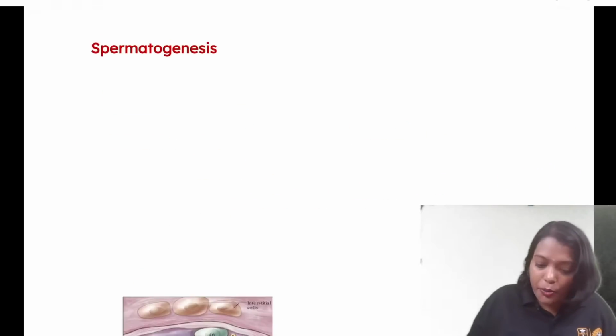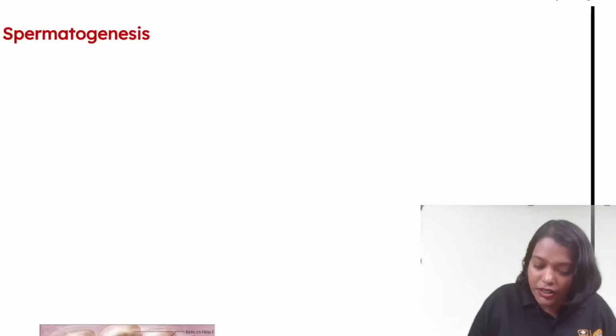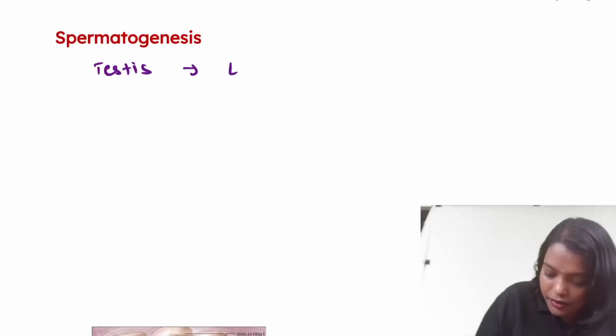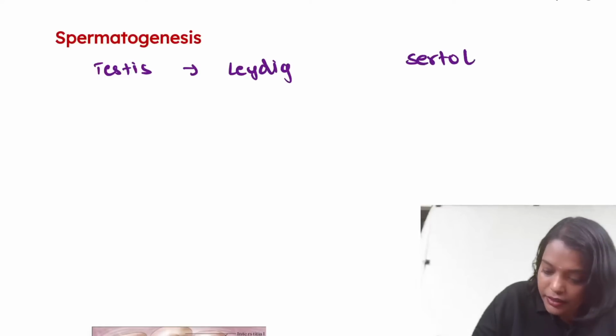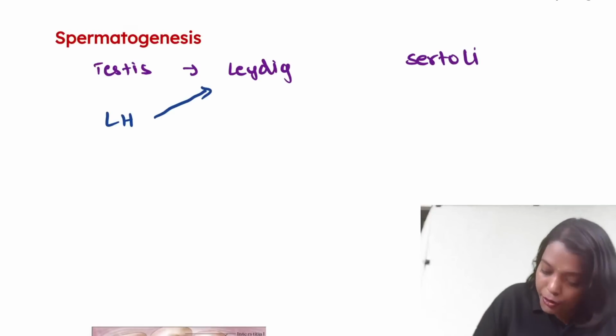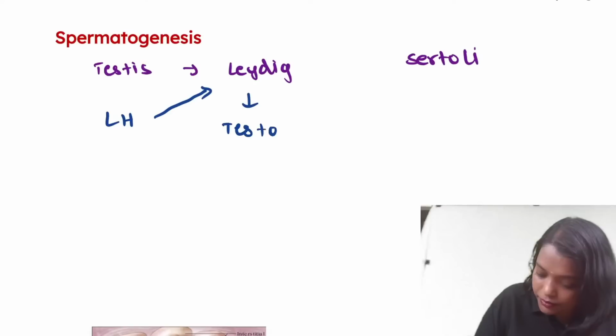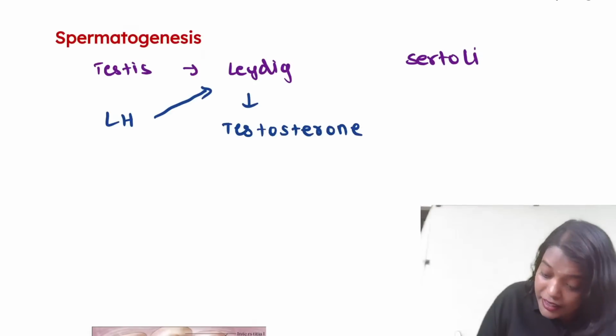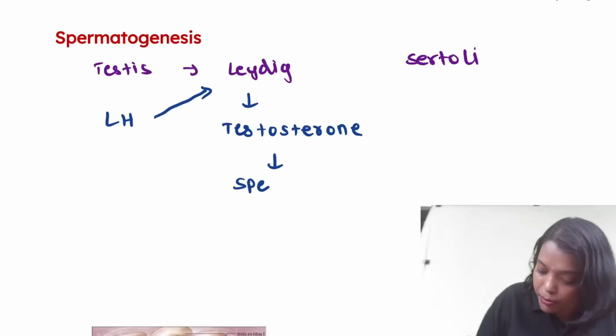Now first, before I start with spermatogenesis, the testis has two types of cells: Leydig cells and Sertoli cells. LH, that is luteinizing hormone, will act on the Leydig cells to produce testosterone. And this testosterone is responsible for the spermatogenesis.